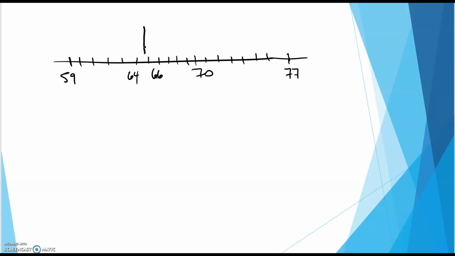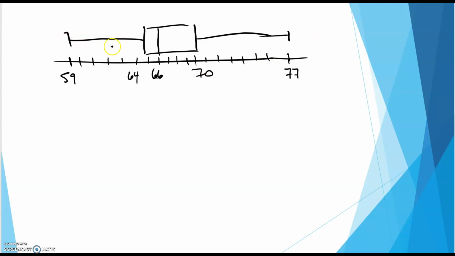And then we had Q3 at 70, so right there. The median, or Q2, was at 66, so all the quartiles will be within the box. Then I have a whisker out to the min and a whisker out to the max. That's a very rough sketch, but that's basically what it would look like.